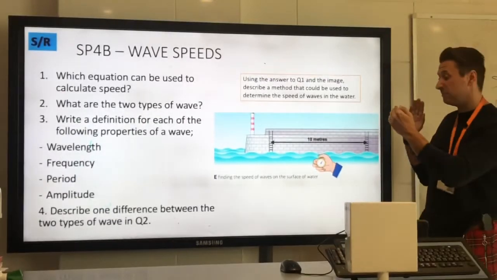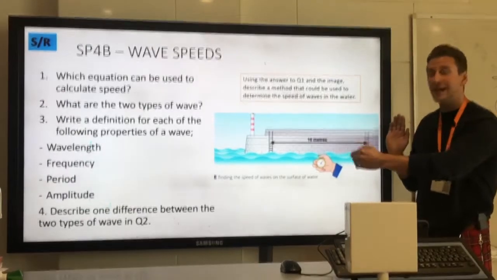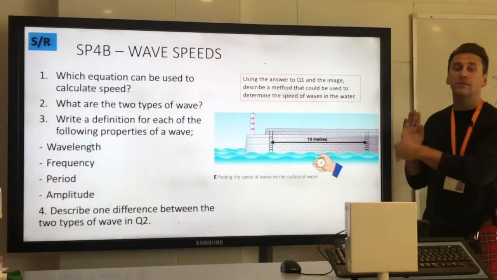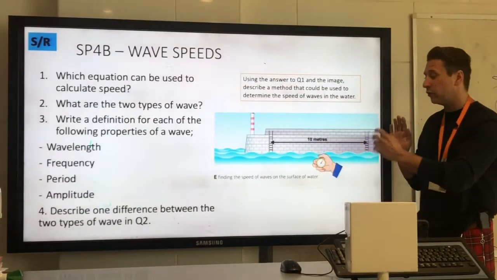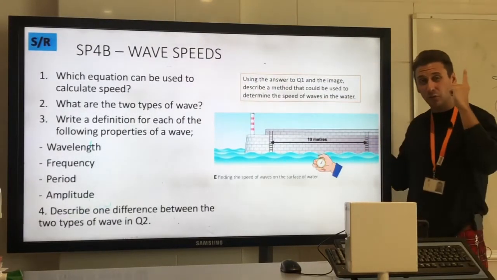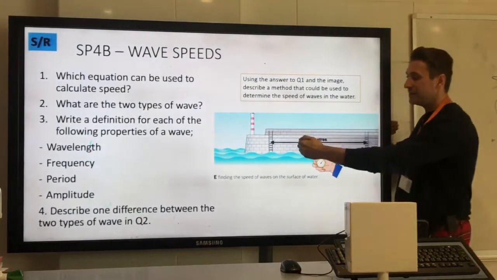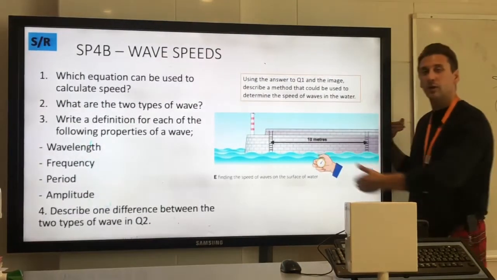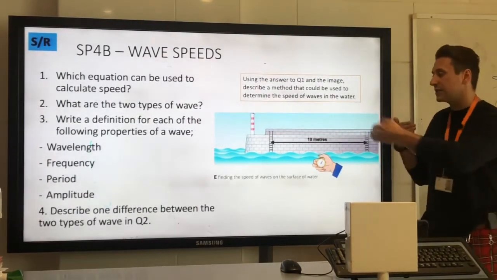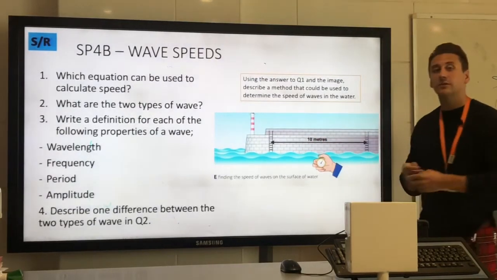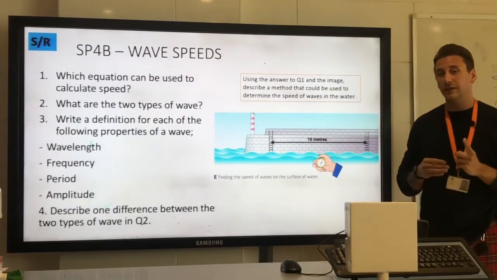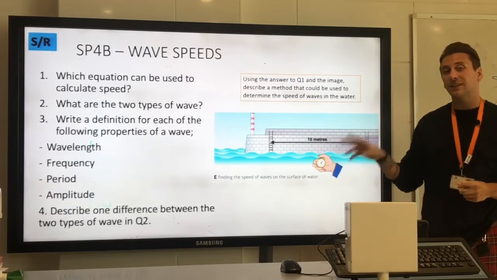So I measure the distance between 2 points and count the number of complete waves between those 2 points. All I need to do to find the wavelength of just one of those waves is 10 meters divided by 5 waves to find the length of one. And obviously 10 divided into 5 parts is 2 meters per wave. So the wavelength of these waves is 2 meters.